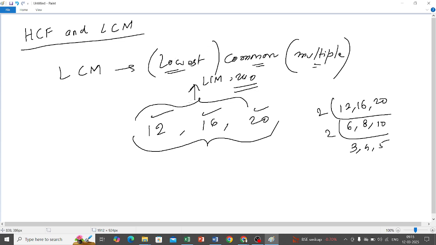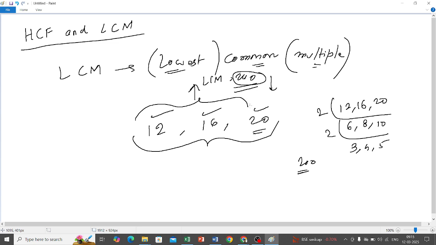And what is the meaning of lowest? That means we have to consider the lowest common multiple. That means no other number smaller than this is a multiple of all these three numbers. Say we have 200. 200 is divisible by 20, fine, but 200 is not divisible by 16, and not divisible by 12.